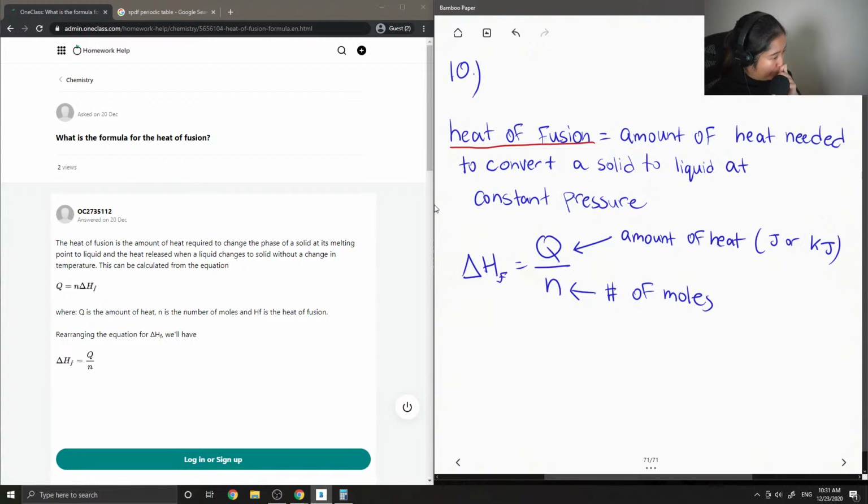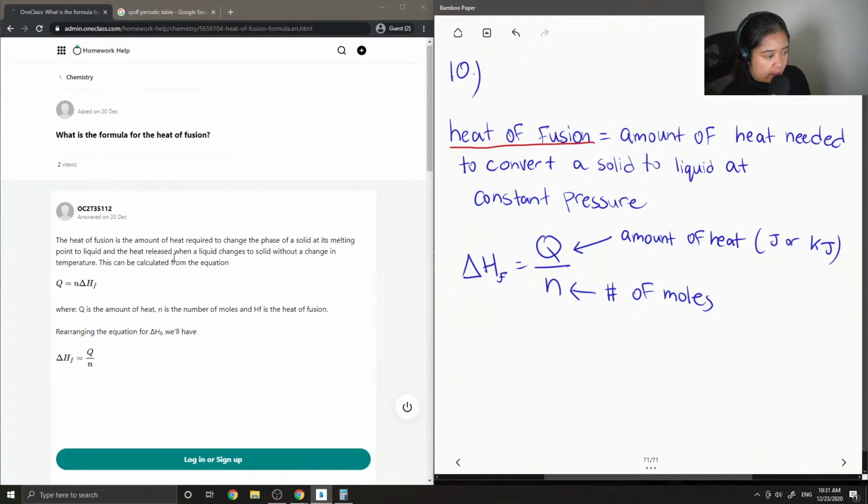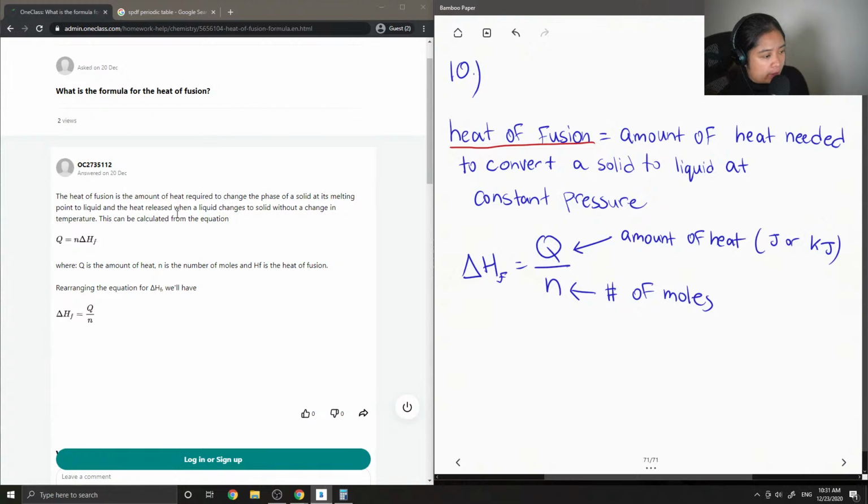Okay, so let's see what the junior tutor said. The heat of fusion is the amount of heat required to change the phase of a solid at its melting point to liquid, and the heat released when a liquid changes to solid without a change in temperature.